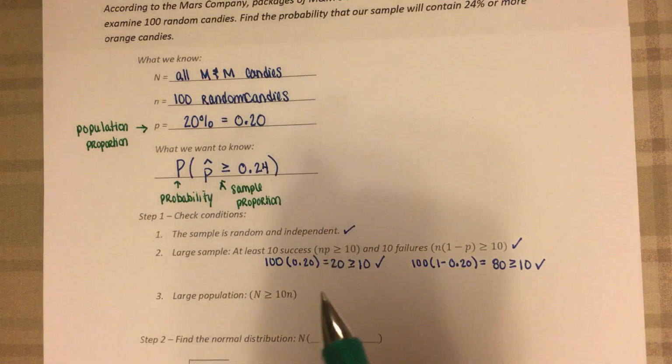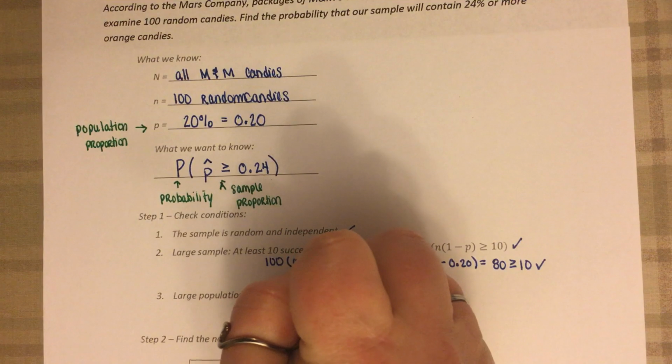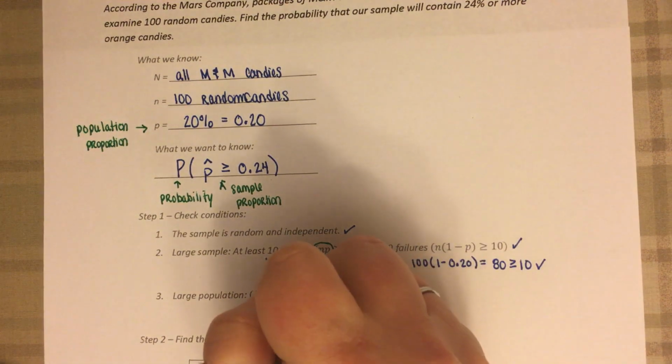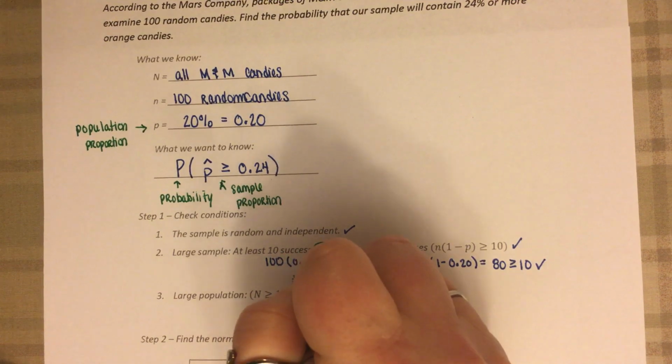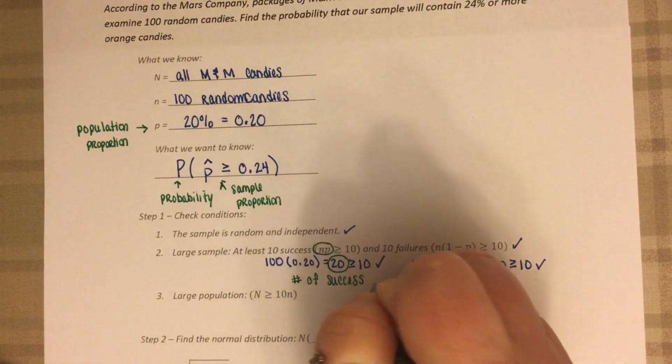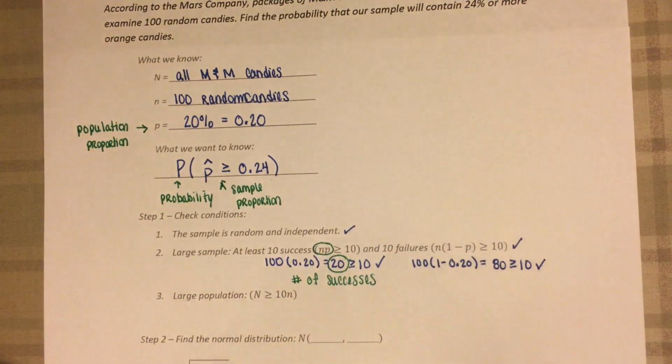One thing to mention here is that this np, this number of 20 that we came up with right here, is our number of successes. In some different problems, we might be looking for a specific number of successes, and we can always find this, if it's not given to us, by multiplying these two values together.